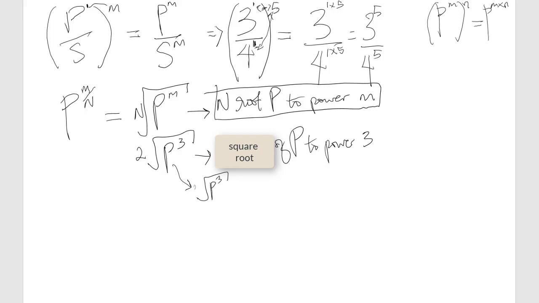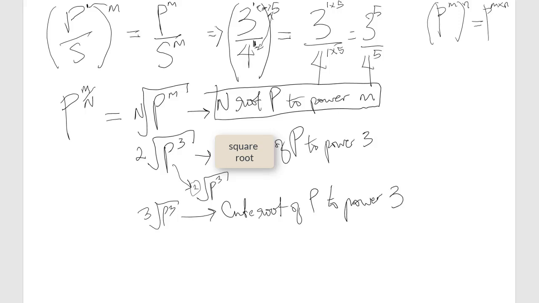If there's no 2 here, that means you just know that it's a square root automatically. If it's 3 and P raised to the power 3, you say it as cube root of P to power 3.